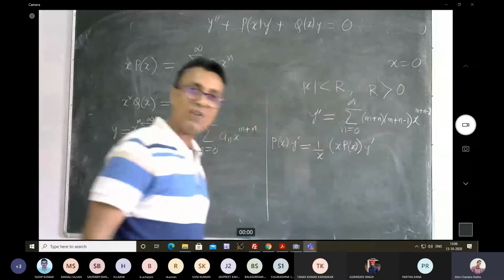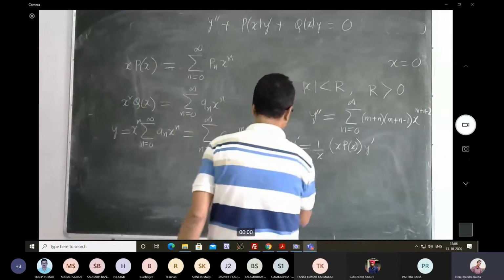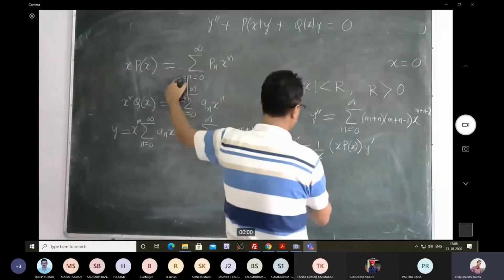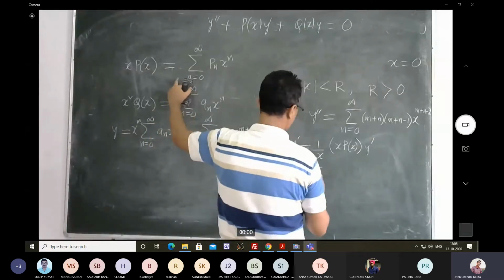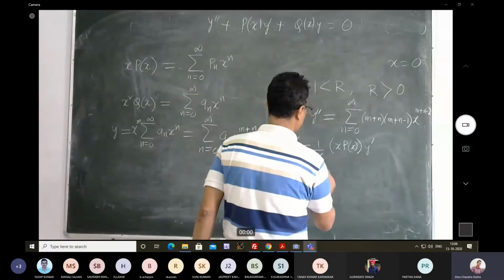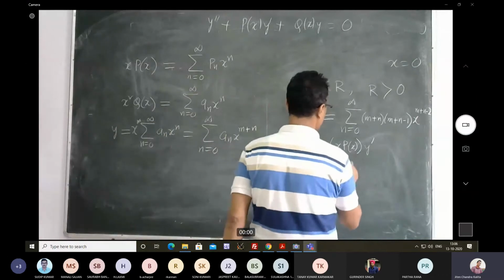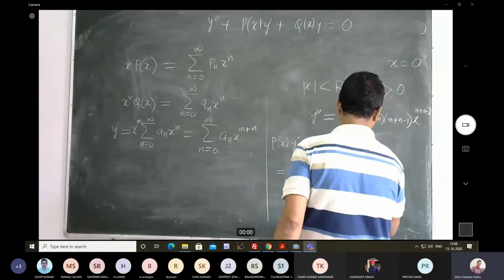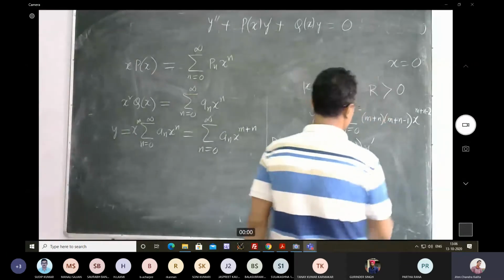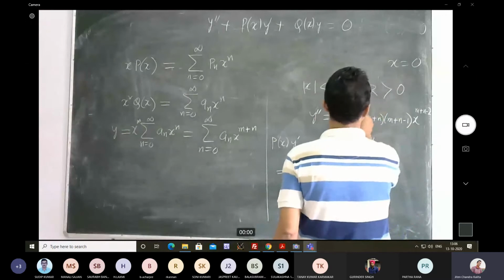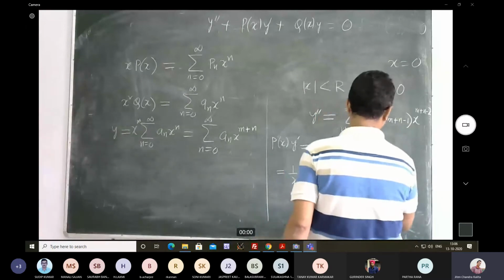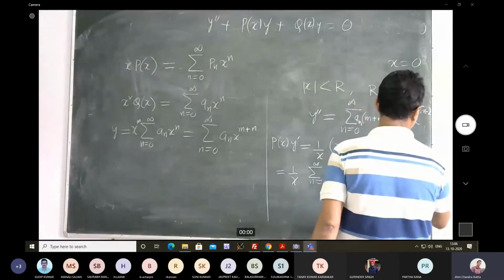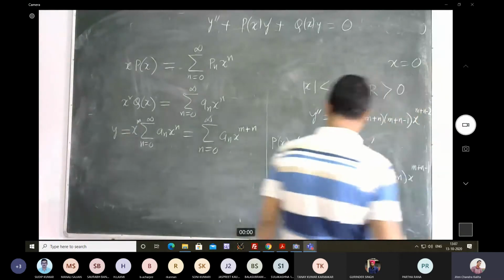I can write it like this. Similarly, y prime is the sum from n equal to 0 to infinity of (m plus n) a_n x to the power m plus n minus 1.